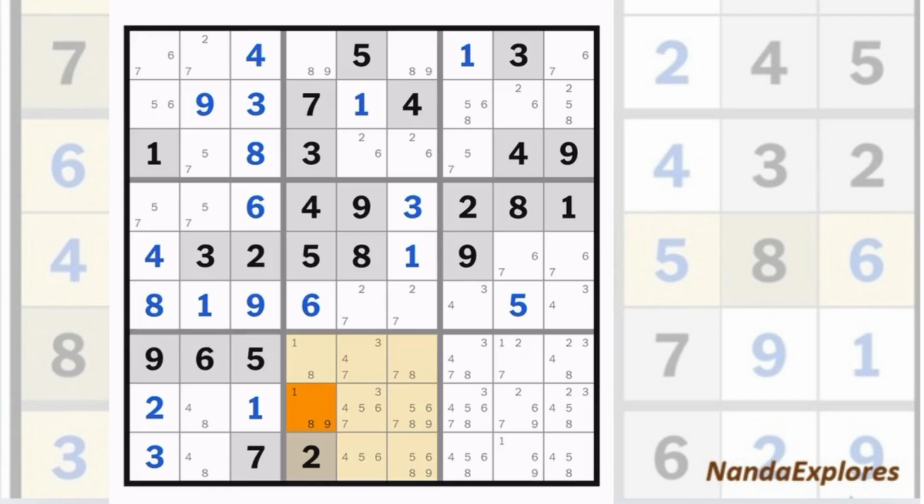So in this row here we need to remove 1. So this is a cell where number 1 is unique. Then we have 8, 9, 8, 9 here. And this is a cell where number 1 is unique. So here also we need to remove 1.